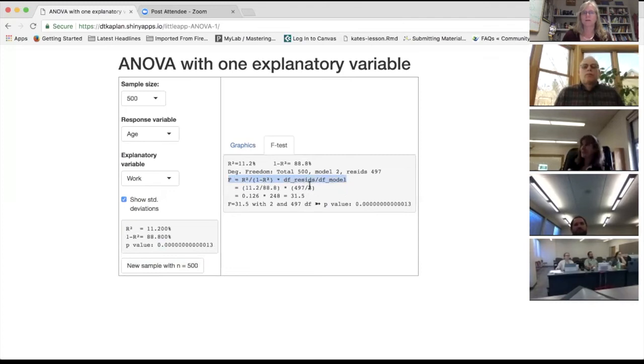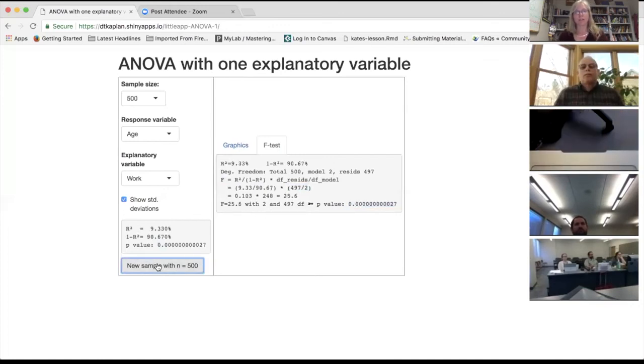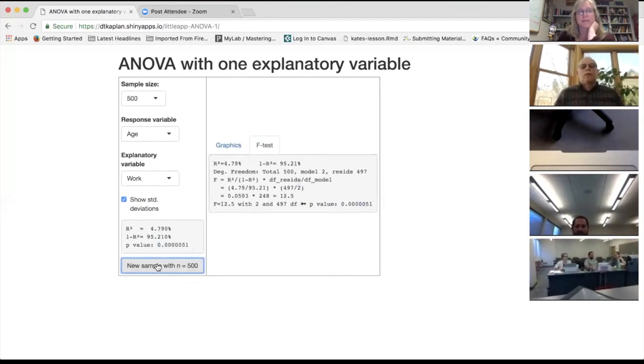If you have degrees of freedom of your residuals and of your model, and a big enough sample, this number is going to be bigger anyway, and so you will usually get statistical significance because of that. I would talk to my students about that: the sample size gives us a lot more power, but also gives us results that may not be practically significant just because they are statistically significant. You can see that the p-value is pretty constant.